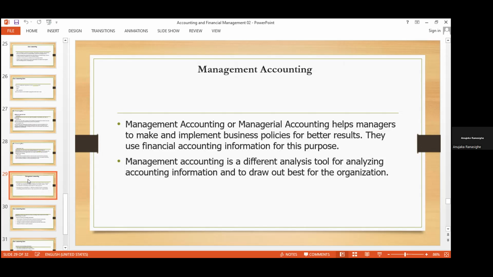Management accounting is a different analysis tool for analyzing accounting information and drawing out what is best for the organization. Managers use management accounting to take decisions for implementing the business or organization.